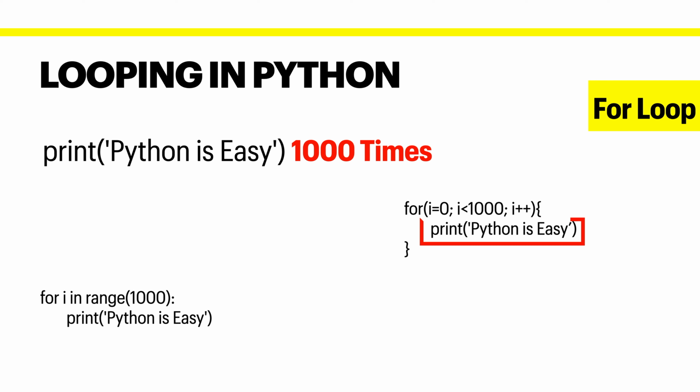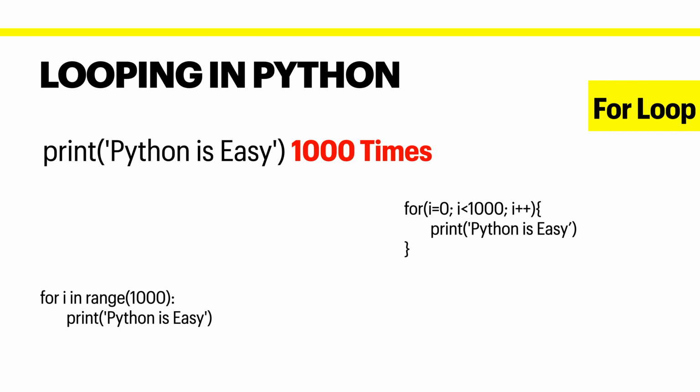After the code is executed, the variable is incremented or decremented. And then the condition is checked again and the code is executed, and this process goes on and on until the condition becomes false.